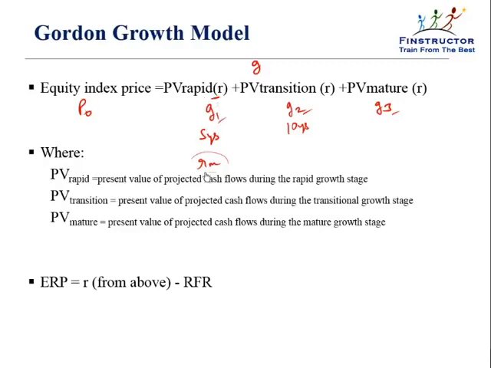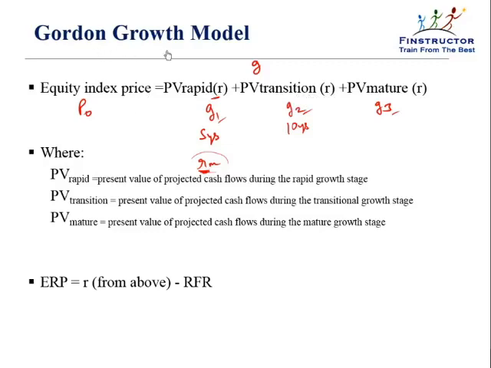There is still only one unknown, that is the required rate of return, or the discount rate. So the calculation will not be as simple as it was in the Gordon growth model, but with the help of a computer or a spreadsheet, it can easily be calculated what is the discount rate that makes the present value of the cash flows of the index equal to the current price of the index.